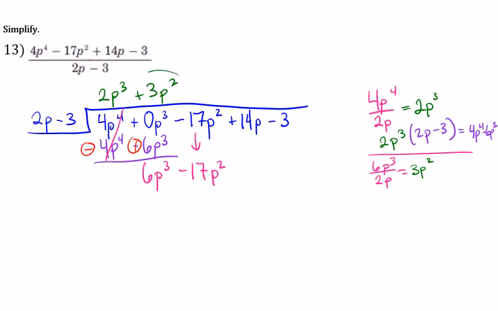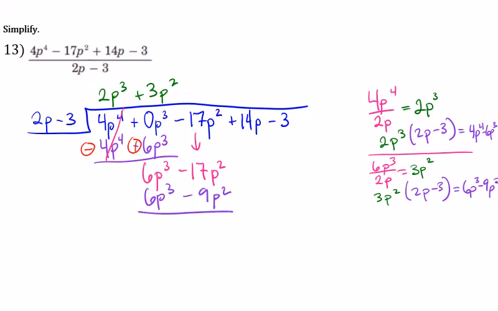And now we're going to do this times this, right? So 3p squared multiplied by 2p minus 3. And we get 6p cubed minus 9p squared. So I'll write that down here, 6p cubed minus 9p squared.